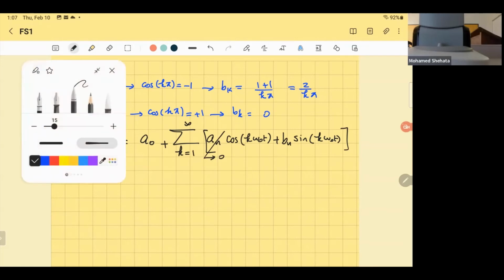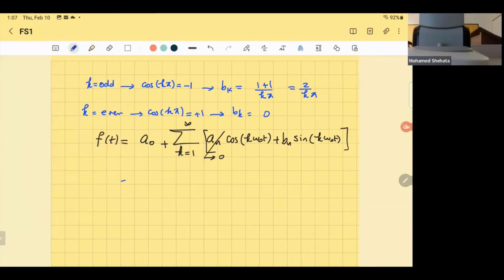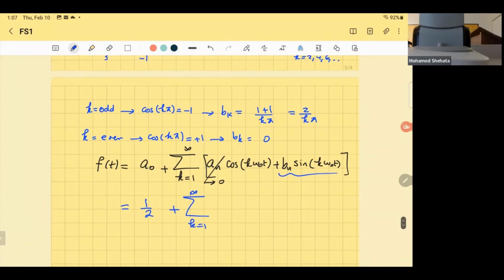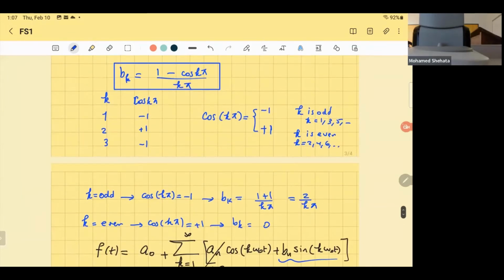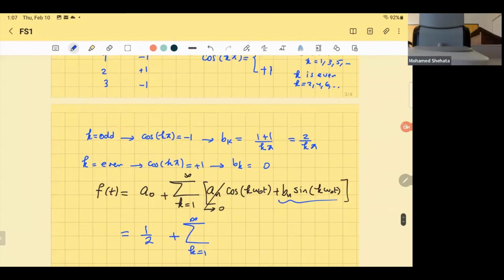What I'm going to do now is substitute the values. So a naught, I got a naught equal to half, if you remember, plus the sum, k from 1 to infinity. Only I have this term, bk. Oh, I'm sorry, that should be k.